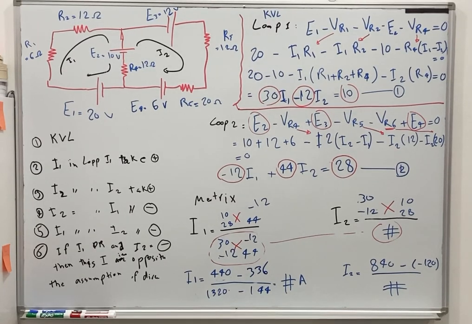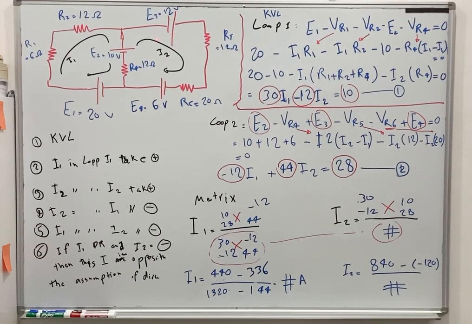Now for loop 2, we have E2. If we start from here, E2 is positive because it's clockwise. E3 is also positive, or you can just go to VR4.